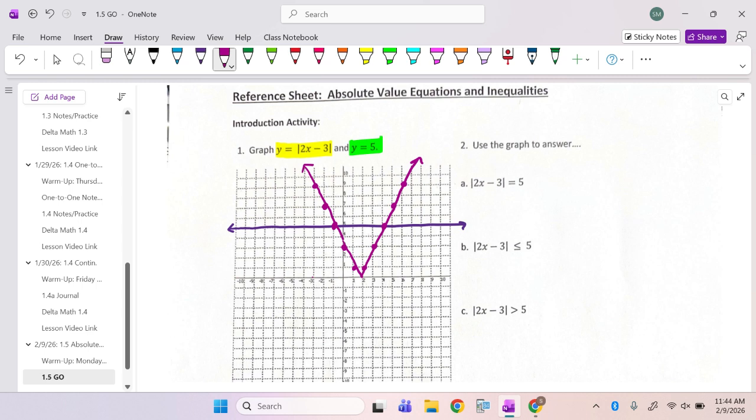So once you get your points, graph it on your pink sheet.